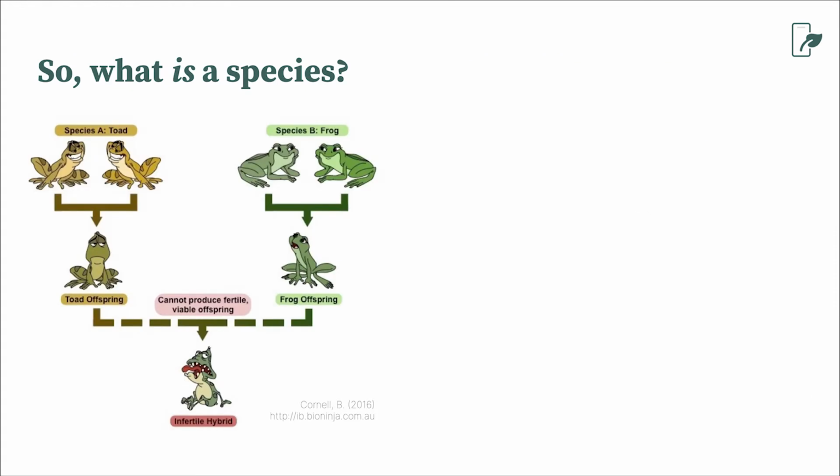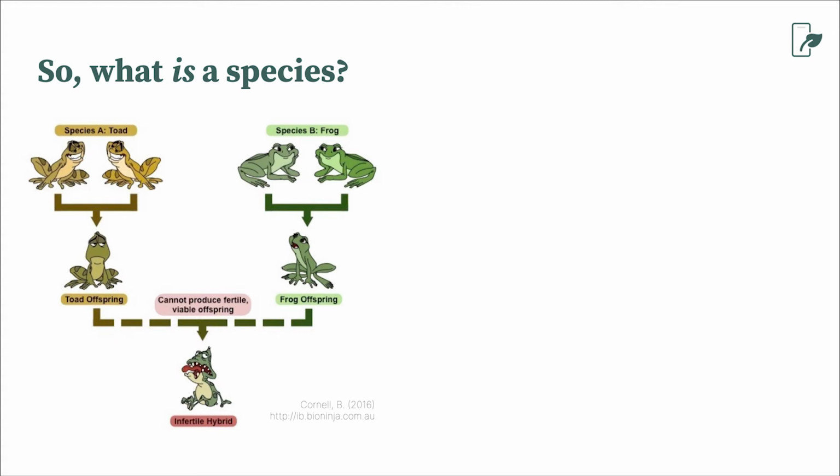So you might be thinking, well, that's all well and good, but what is a species? I came across this intriguing depiction which hopefully should explain it more clearly. You see here are two toads, and when they mate, they produce offspring. And here, another species, a frog, when they mate, they produce offspring.